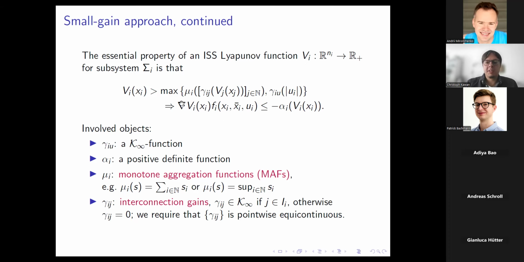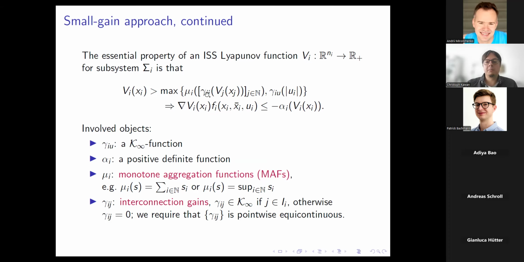There are some differences here, where the most important one is that this ISS for the subsystem means ISS with respect to external and internal inputs. So here you see a term which relates to the external input, but you also have a term which relates to the internal inputs. And this is a bit complicated because it involves a couple of functions. It involves the ISS Lyapunov functions of the neighboring systems, the V_j.